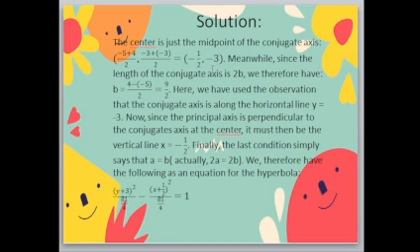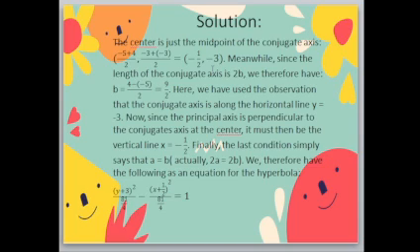So we get the midpoint: (x1 plus x2) divided by 2 and (y1 plus y2) divided by 2. Negative 5 plus 4 is negative 1 over 2, so our x is negative 1/2, and negative 3 plus negative 3 is negative 6 divided by 2 is negative 3. So our center is negative 1/2, negative 3.